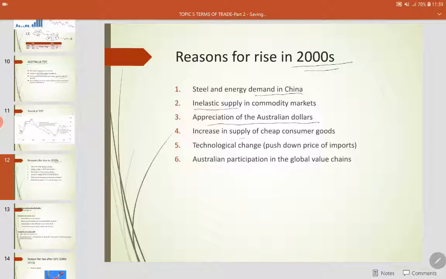We have an increase in supply of cheap consumer goods, so the import price index is lower. There are some technological changes. When technology is there, supply will be more, and then the price of goods will reduce. And Australia participated in global value chains. I mean, we produce some goods and then export to another country. We don't have to produce the good as a final good. We can produce semi-finished goods and also export them to other countries.